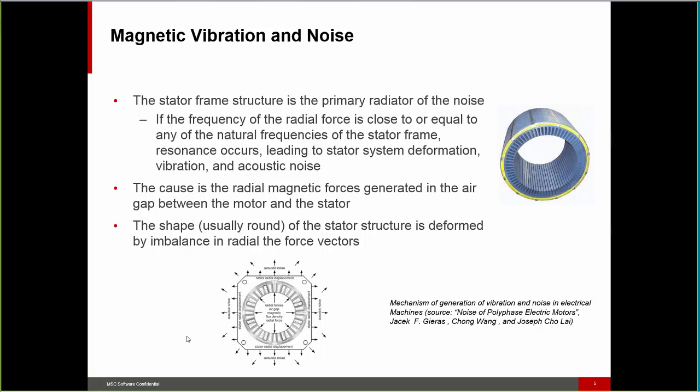However, it is unavoidable to have radial force components that come along with the tangential forces. The result of this radial force is an excessive radial deflection of the steady shape of the stator frame structure. In other words, the radial force right here causes the deformation of the stator structure.